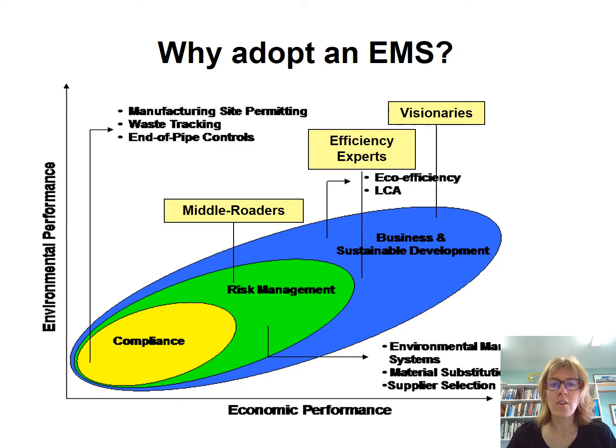So you get this gradient from bare minimum through to what we're calling efficiency experts and visionaries, where you have life cycle analysis of particular products. That's what LCA stands for. Things are efficient, sustainability is built into business models and plans, and these are the top performers.